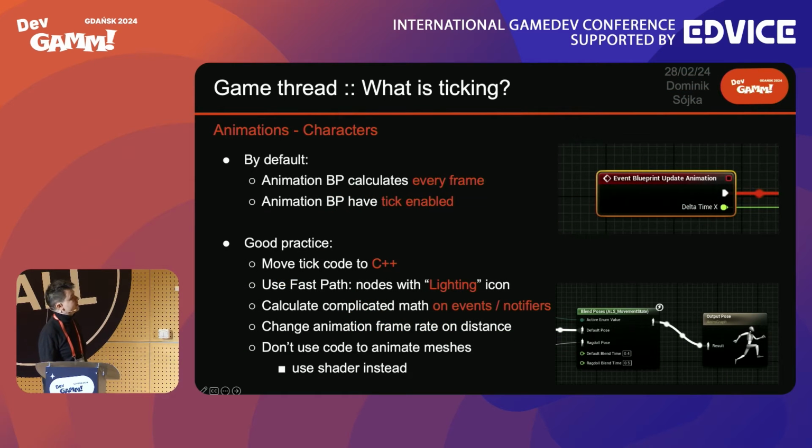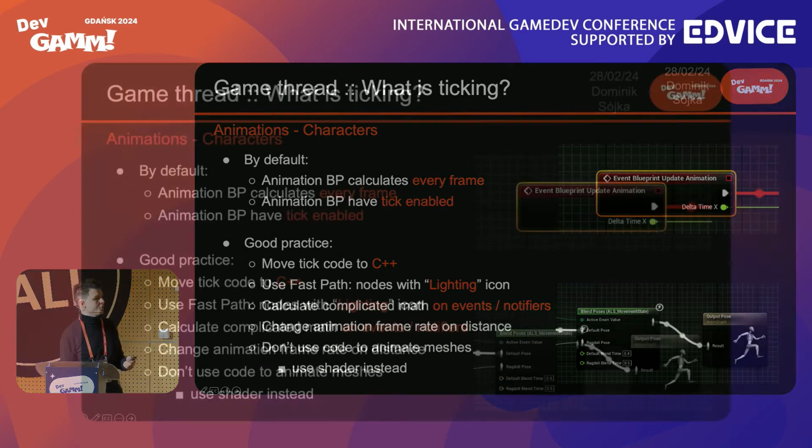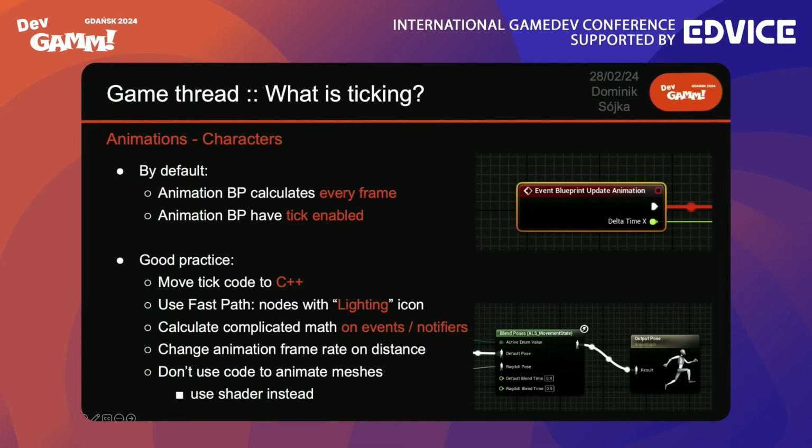And we are talking about the tick. What is important to know is that animations also tick every frame. So when you have an animation graph, it is updating every frame. A good practice is to move this code to C++, of course, but you have to remember that you should use nodes that have only this lightning icon. They're going to be much faster.